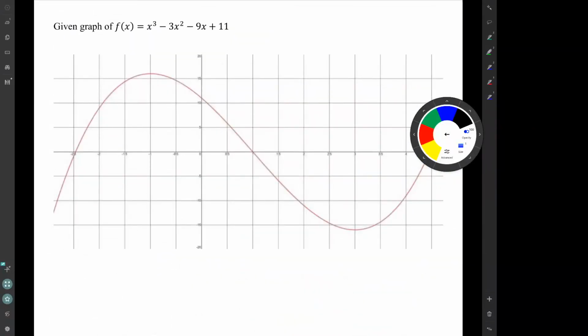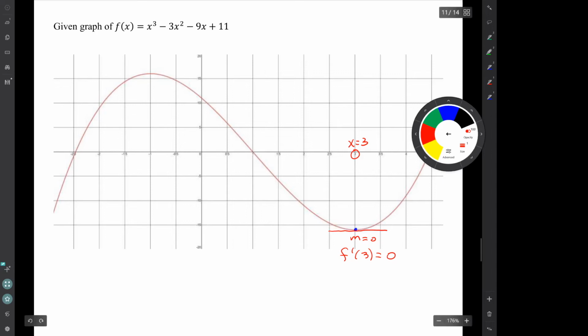The result for B was that f prime parentheses 3 equals 0. That corresponds to the fact that the graph has a horizontal tangent line at x equals 3. The result for question C was that f prime parentheses 0 equals -9. That tells us that the line that's tangent to the graph at x equals 0 has a slope of -9.